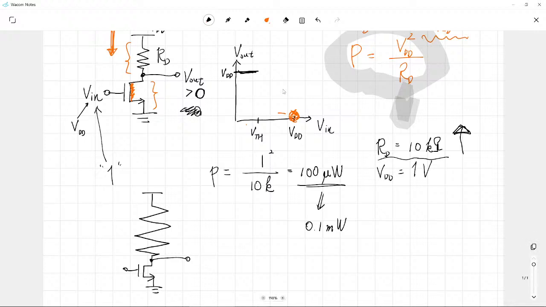Good. Also, power consumption will be quite small, because R is so high. According to this expression, although VDD is given, RD is so high, so power consumption will be reduced greatly. Good. Why don't you just use this one?